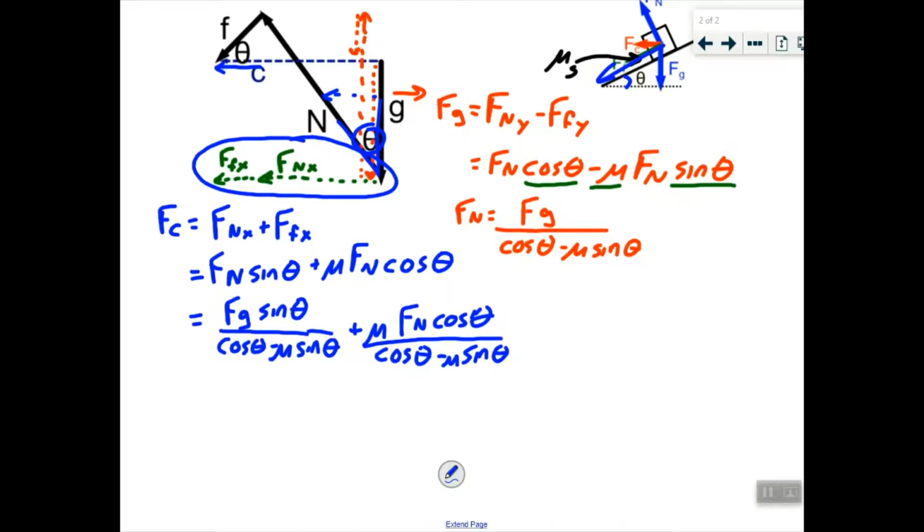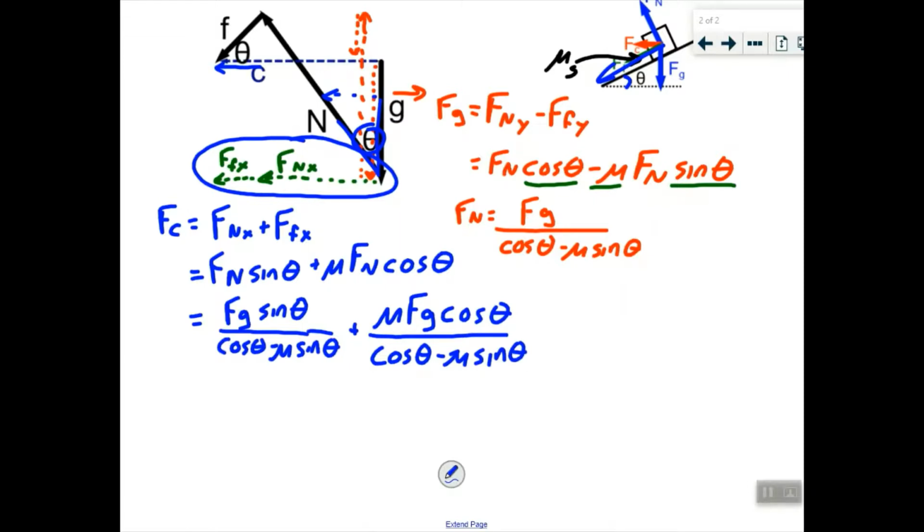Okay, so now I have mu Fg. I knew something was wrong there. Let's write that out again, just completely. So mu Fg cos theta over cos theta minus mu sine theta. Okay, there we go.